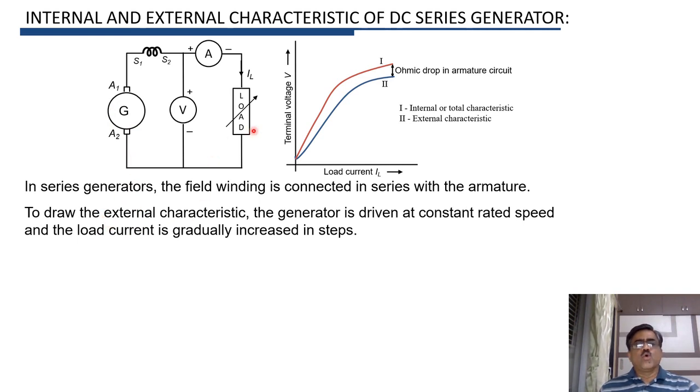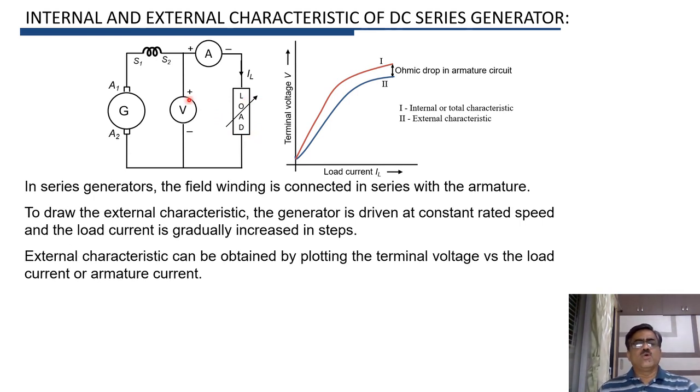Then the load is gradually increased in steps, and for each value of load current IL, we note the corresponding value of terminal voltage V. Then we can plot the terminal voltage V versus the load current IL, which is the external characteristic of DC series generator.